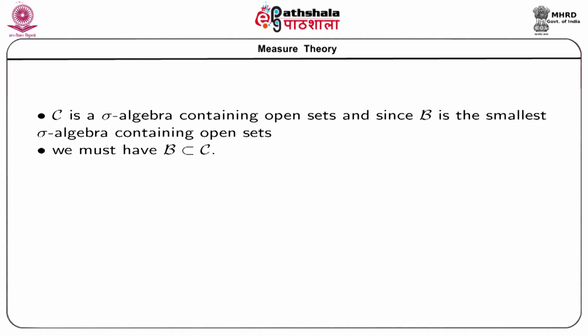So, we must have B subset of C. And so, this shows that if we take a Borel set B, then the Borel set B belongs to the class C, but the class C is the set of all those subsets E for which f inverse E belongs to B. So, this proves that f inverse B also belongs to B, and so the inverse image of a Borel set under a continuous mapping is again a Borel set.